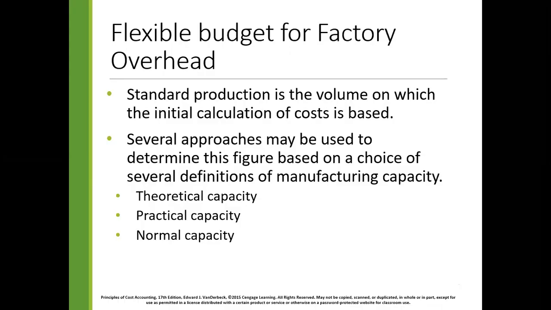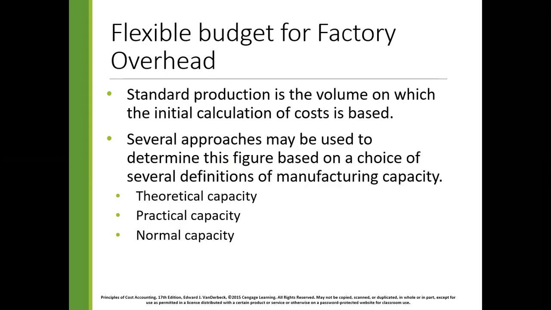All right, so the flexible budget preparation for factory overhead, just something to keep in mind. We know that there are some portions of factory overhead that are variable. There are some portions of factory overhead that are fixed. So we do need to know the difference between those two.